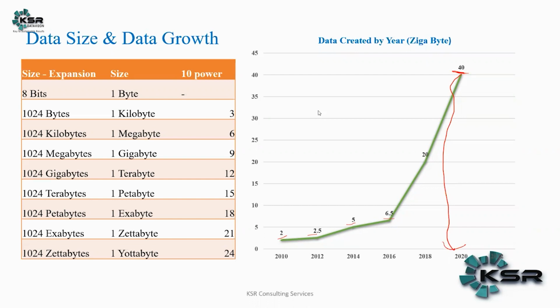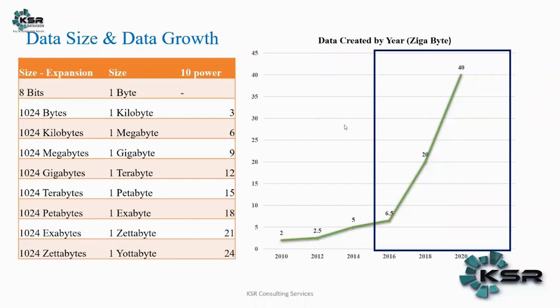Anything you do online, like depositing or transferring some money, some log information is stored, like this user at this IP address has done some transactions. So because of digitalization, the internet, and multiple applications, every second, every day, data is getting generated and it is growing exponentially.